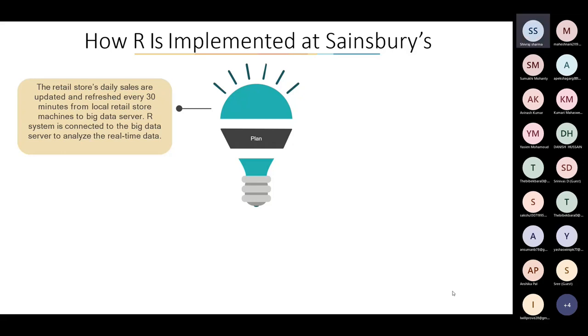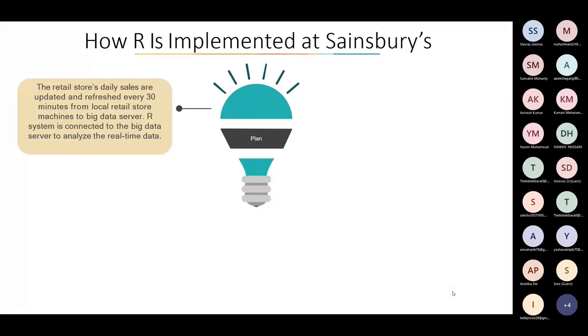So the data which is available with the R server, or you can say the big data server, is getting updated every 30 minutes. So what is the benefit of updating the data every 30 minutes? Every 30 minutes, R analyzes the data in a real time scenario. Okay, so it is not needed that on every closing day or on any weekdays or weekends it is to be analyzed.